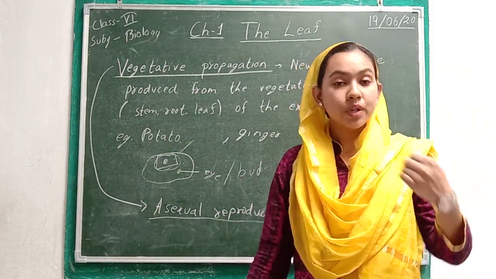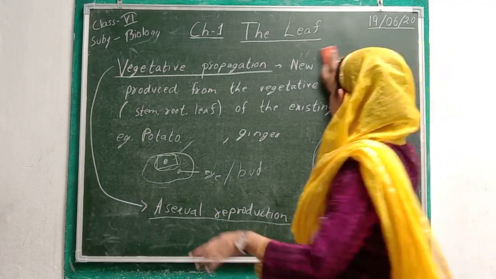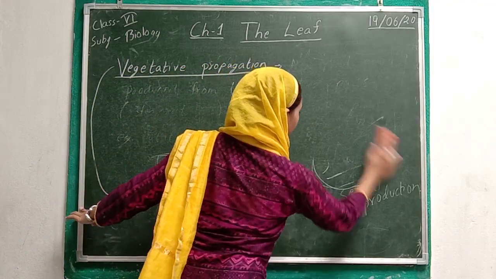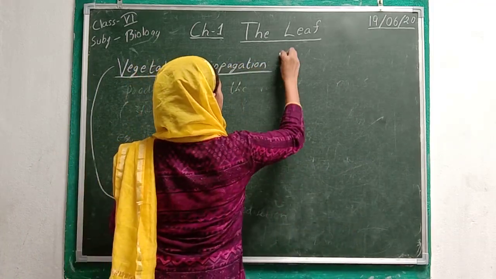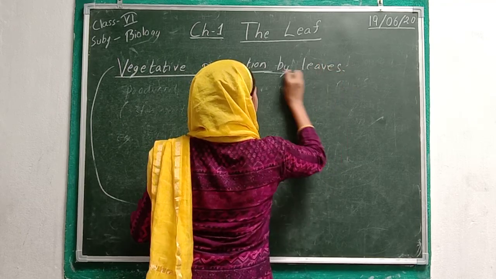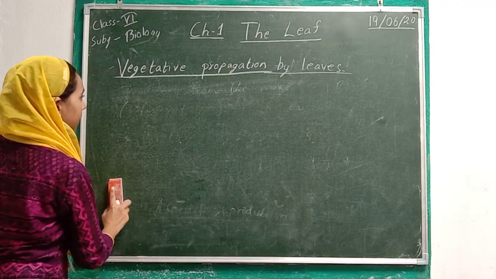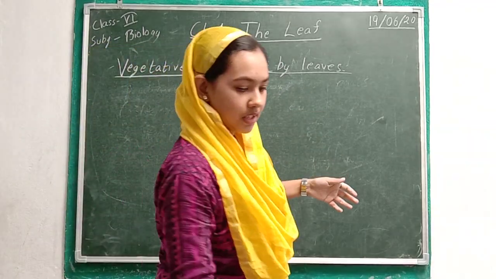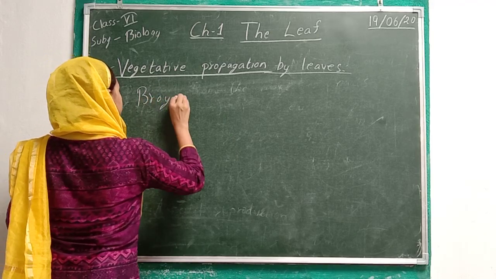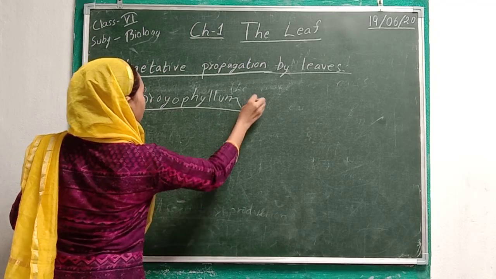Now because we are talking about leaves in this chapter, we will see vegetative propagation by leaves. That means here the new plant comes into existence from the leaf of the existing plant. An example here is bryophyllum.